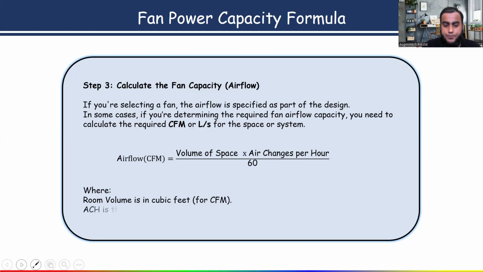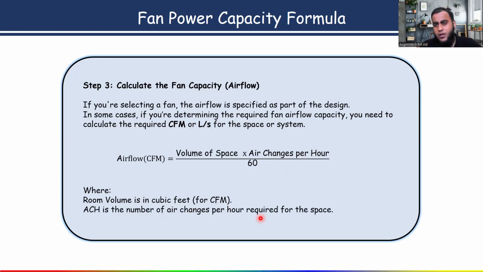Remember this thing. Air changes value, here ACH, air changes per hour, means what? In one hour, how many times we have to change the air to maintain a comfortable environment. This value you will get from the ASHRAE ventilation standard 62.1. Everything you will get from there. Our main target, I'm not talking about ventilation, we teach all of that in ventilation.